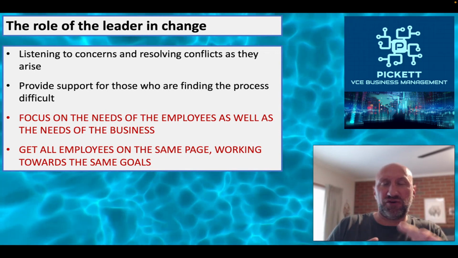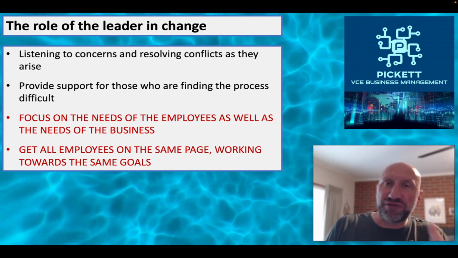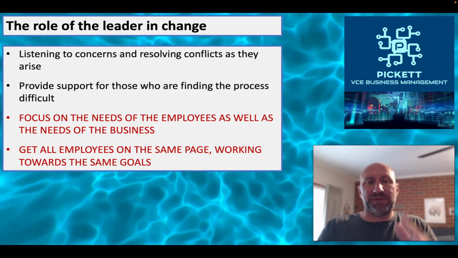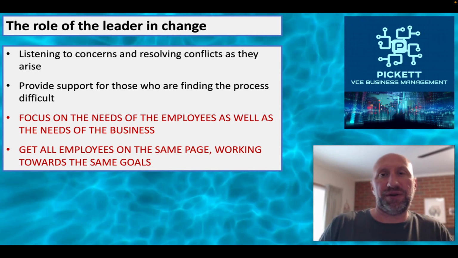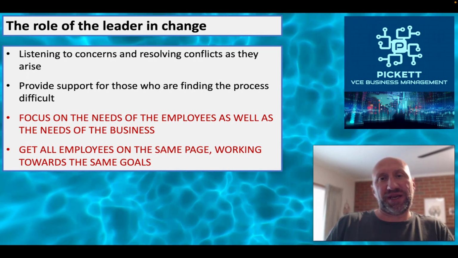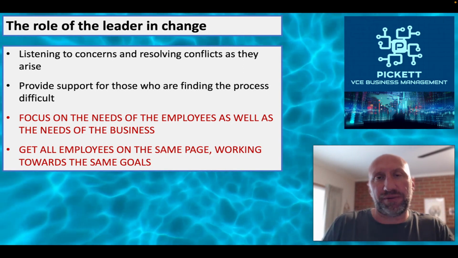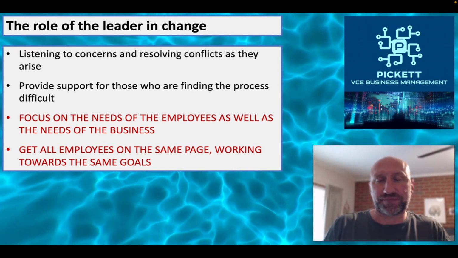There needs to be a real balance. Okay. Really, really need to get all the employees on the same page, all working towards the same goals. And if these things don't happen, whatever change it is you're trying to make in a business, it's just not going to happen. It's going to be unsuccessful.